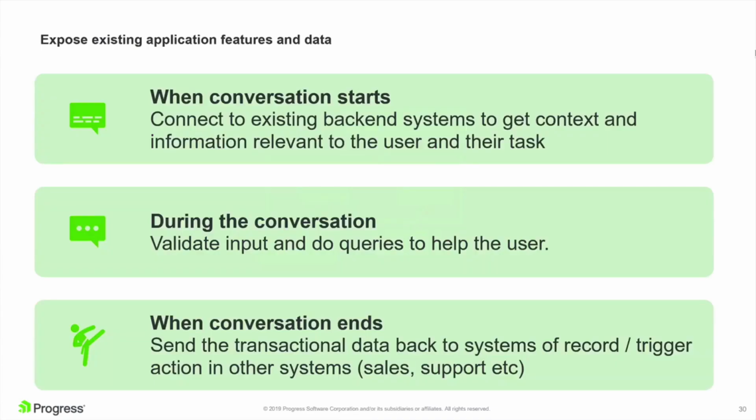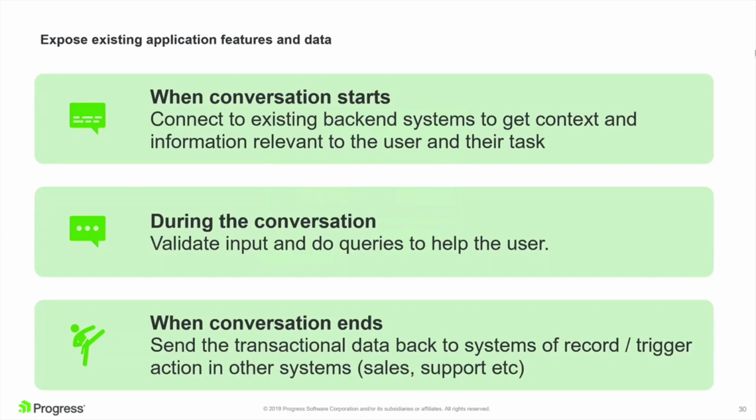There are a few places in which you should use data from existing systems when building a chat workflow. First, when a conversation starts, in order to get the context based on user data. Second is during the conversation to allow for verification of input.